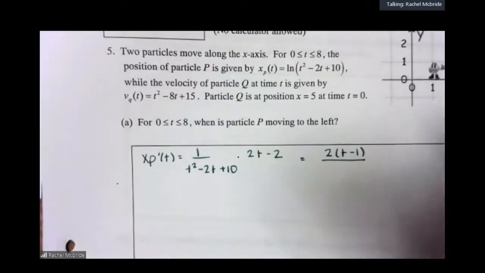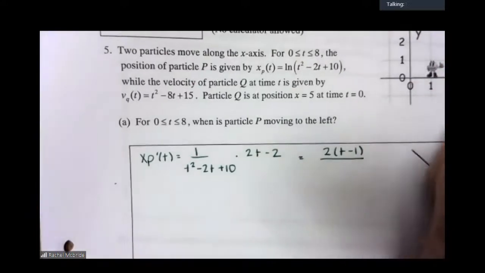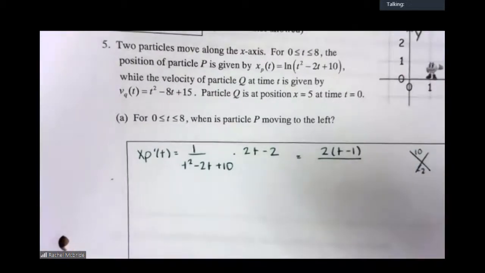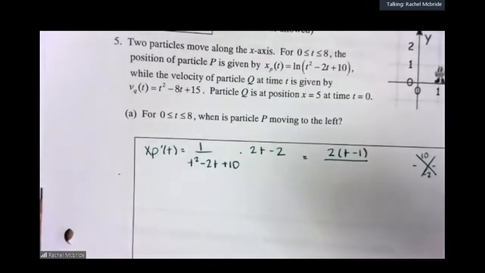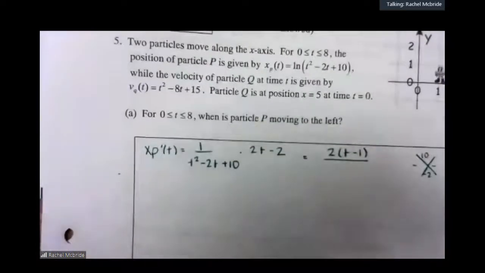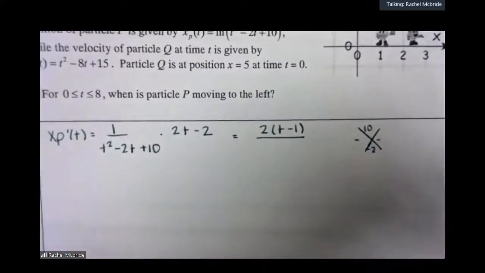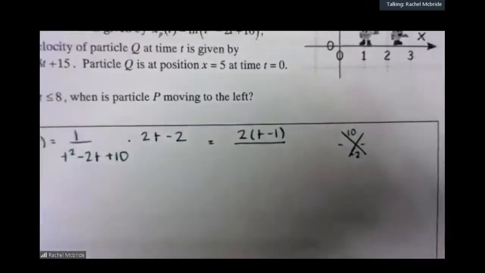So again, it's that whole idea of last number, middle number, and two numbers that multiply to the top and add to the bottom. And in this case, since the bottom is negative and top positive, they had to both be negative. So going through your factors of 10 real quick, it's 1 and 10, doesn't work. 5 and 2, doesn't work.